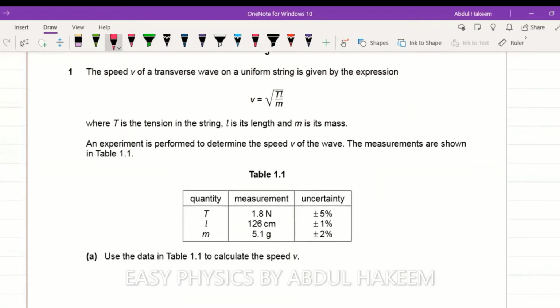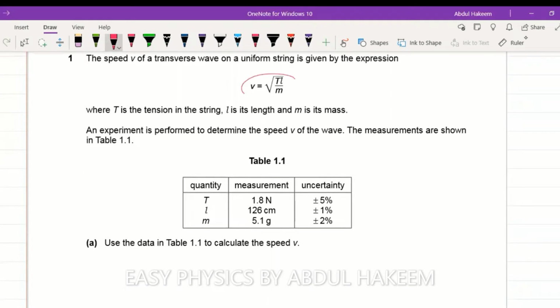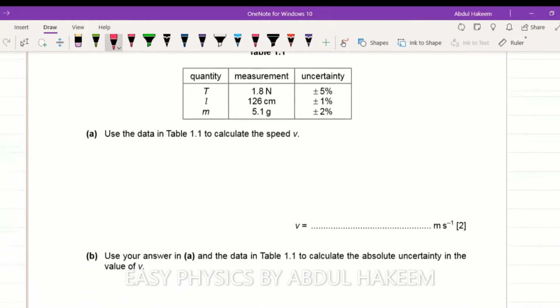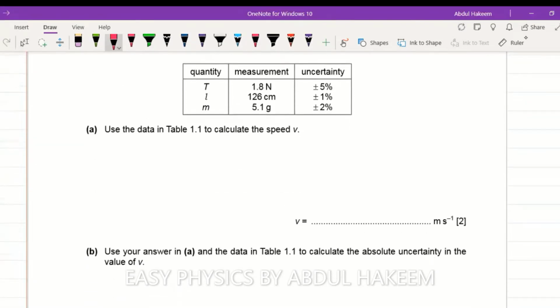Okay, look at the formula. v equals under root TL over m. Now substitute the values.